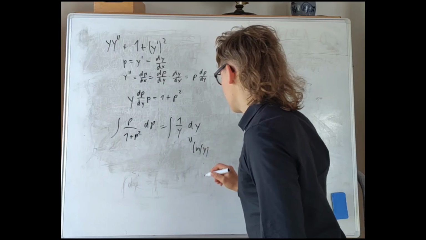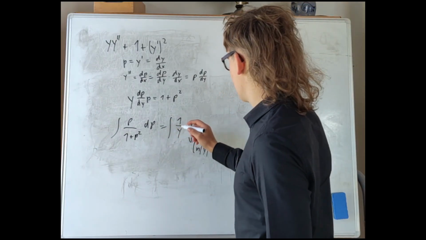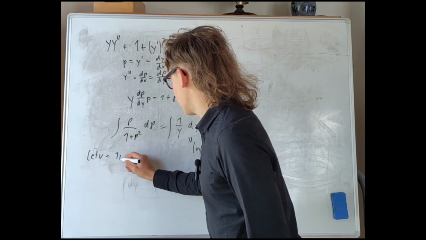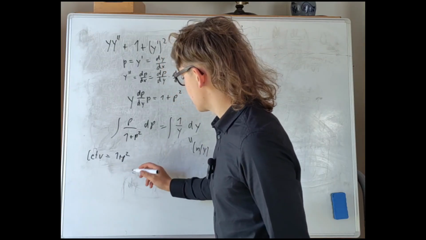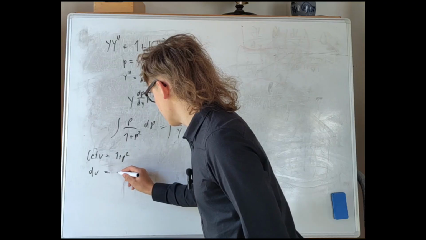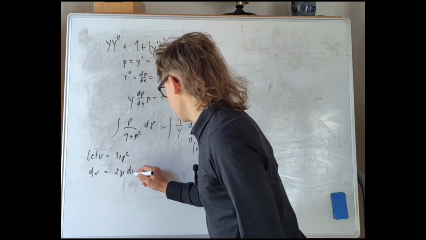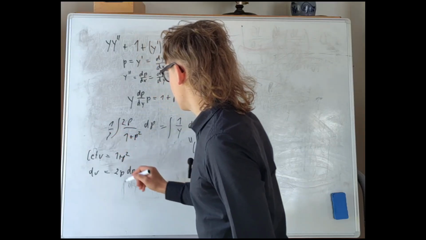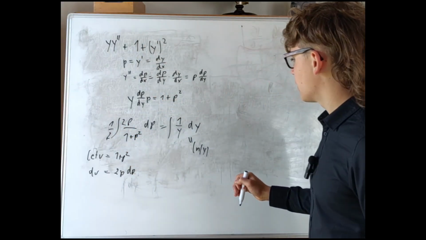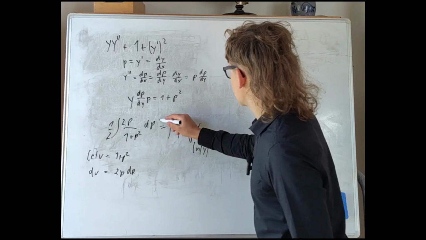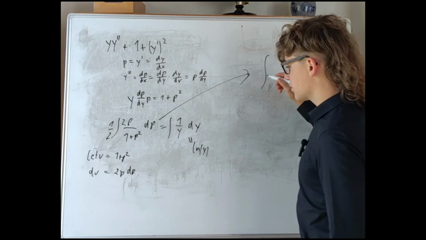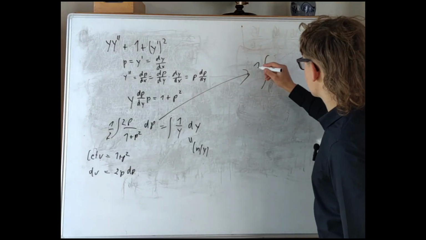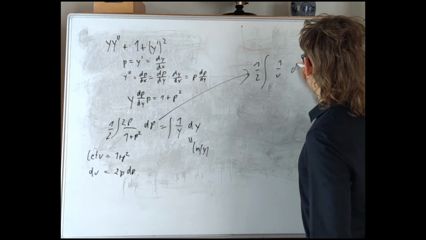Okay, of course we can just integrate both sides now, and this will just be equal to the ln of y. And here, what we'll do, we let u equal 1 plus p squared, and then we get du is equal to 2p dp, and that's pretty good because we can just get a 2 here, and well, now let's substitute all of this in. So we get the integral of, well, that's just 1 over u now, so that's 1/2 times 1 over u du.